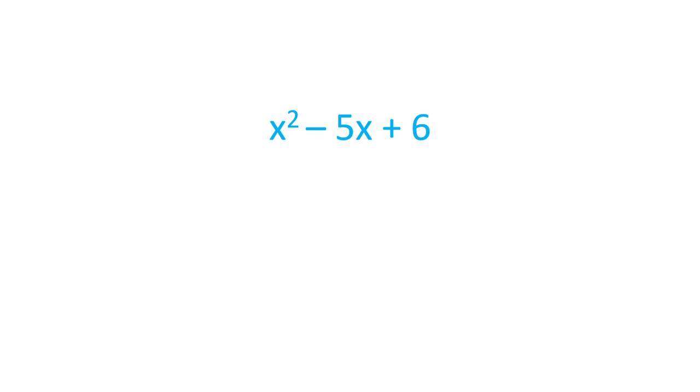And finally, last example, x squared minus 5x plus 6. Straight away again, because it takes the form ax squared plus bx plus c, I can open up my double brackets and put in an x into each bracket. Step 2, think about a pair of numbers which multiply to give you plus 6.